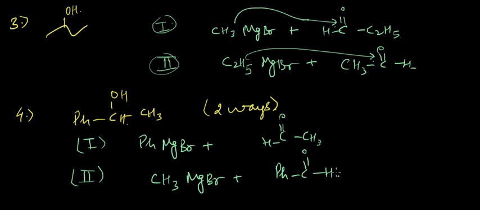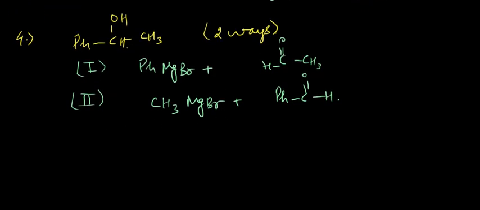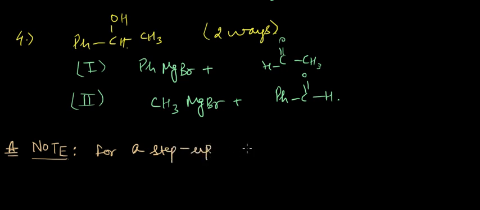One thing here that you must have noted, I hope you remember what Wurtz reaction is. Whenever there is a step up reaction, by step up reaction I mean that the number of carbon atoms on the product side is greater than the number of carbon atoms on the reactant side.